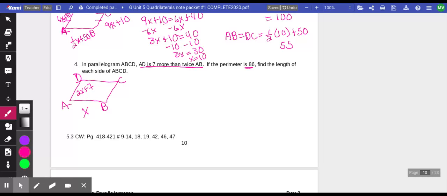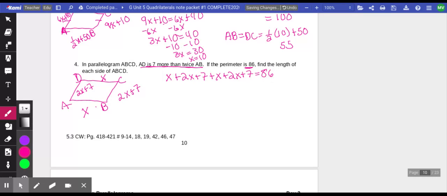Well, the perimeter is all the way around the outside. So if AD is 2x plus 7, so is BC, because opposite sides are congruent. If AB is x, so is DC. So that means I have x plus 2x plus 7 plus x plus 2x plus 7 equals 86, because that's my perimeter.